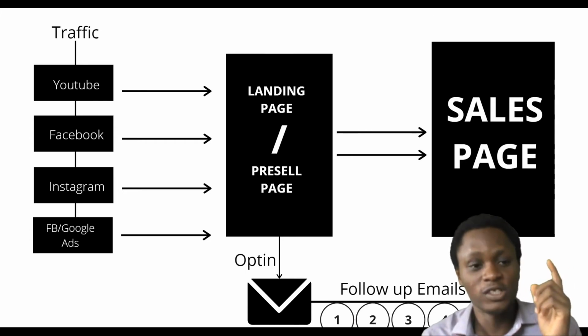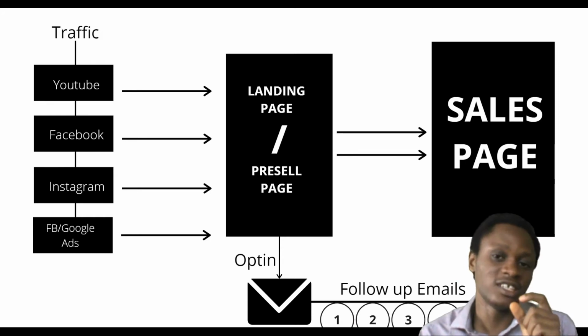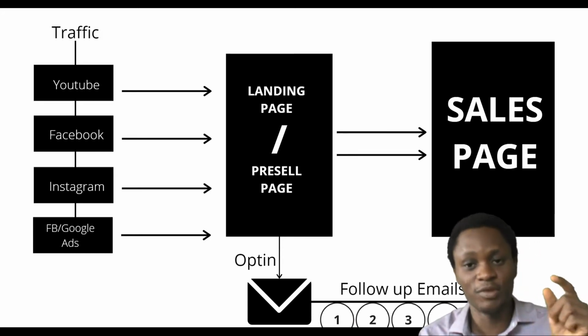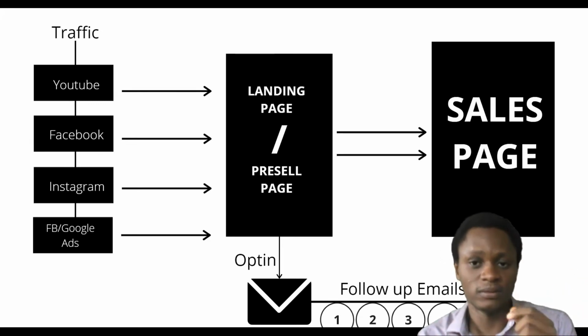Now the bio is where you're going to be putting your link. It doesn't necessarily have to be your affiliate link, because what I'm teaching you now are the techniques that will make you have a very effective campaign.